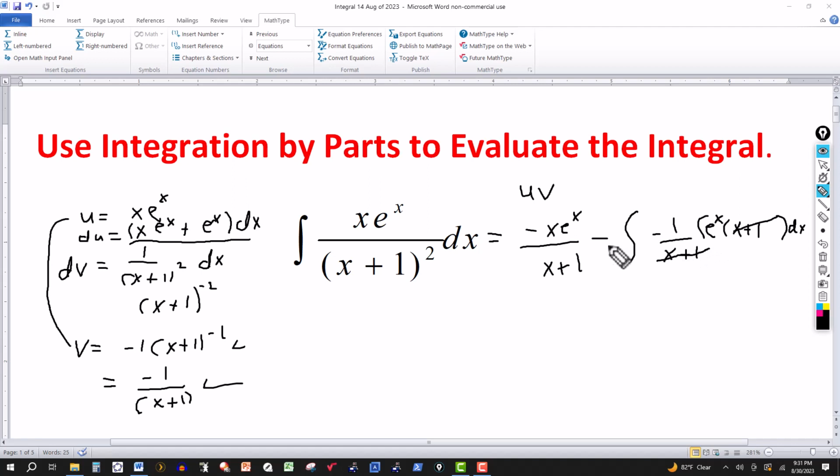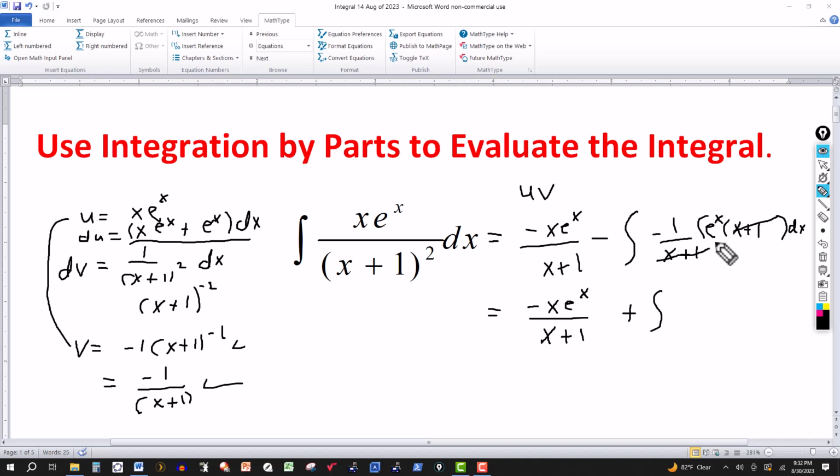And so notice here, got a factor of x plus 1 here and here. Those divide out, and I have a double negative here, minus and a minus. So the first expression stays the same. I got minus x e to the x over x plus 1. Because of the double negative, this becomes a plus the integral.